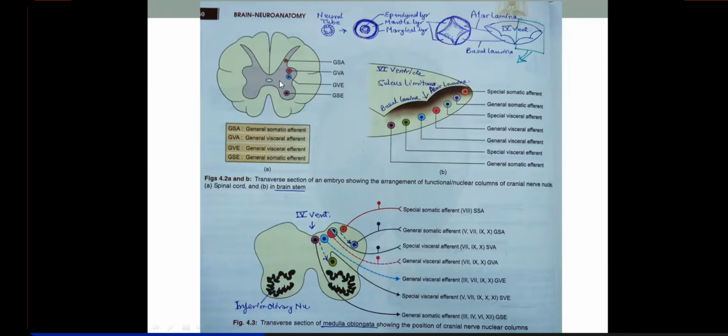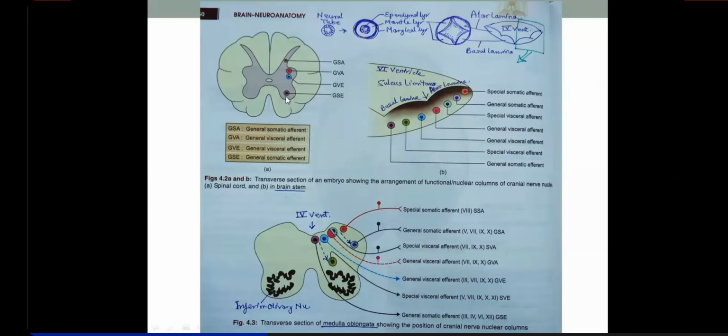The efferents will make an arc. So the efferent column for these sensations will be more anterior in the spinal cord, and that is general somatic efferent. The nerves which emerge from here in the anterior horn will supply the skeletal muscles.